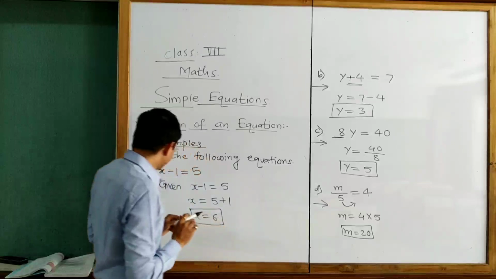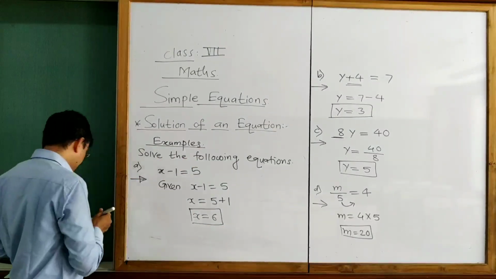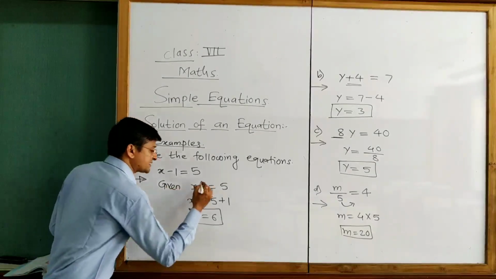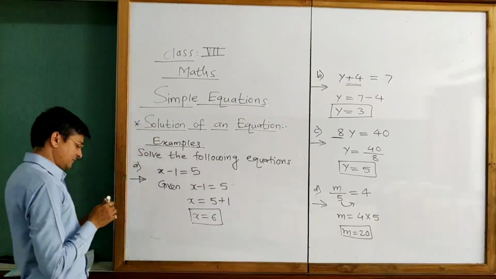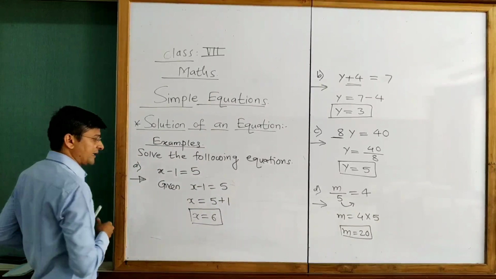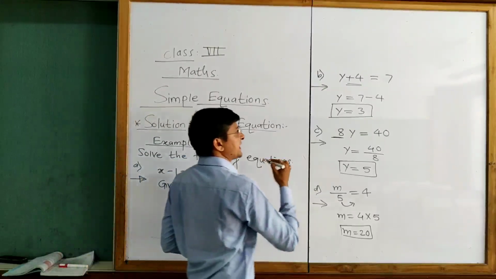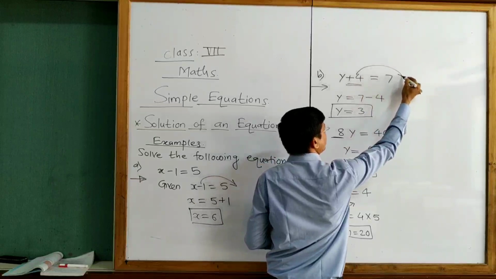Students, observe here: in the first equation, we shift this minus 1 to the right hand side, it becomes plus. In the second example, we shift this 4, plus 4 becomes minus 4.